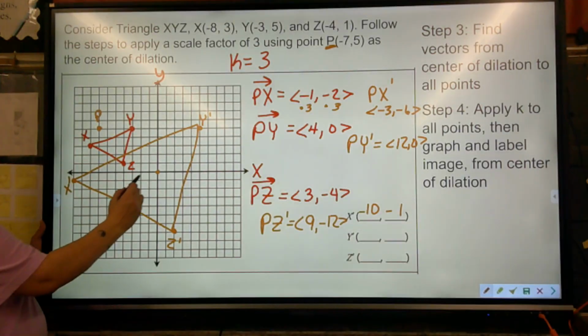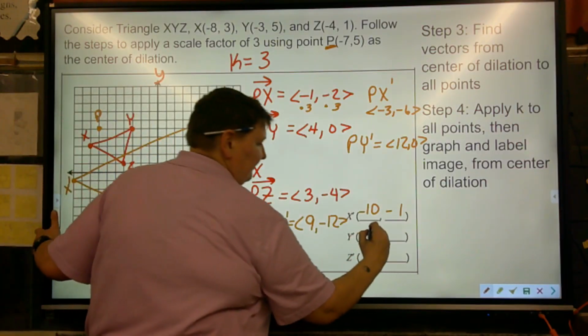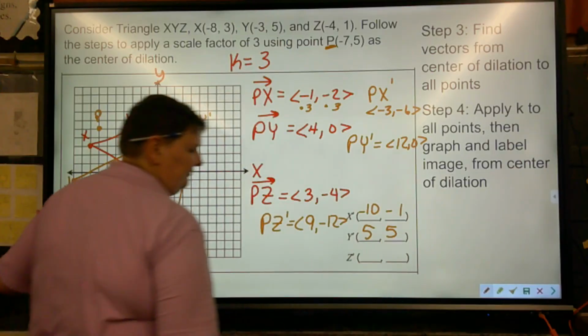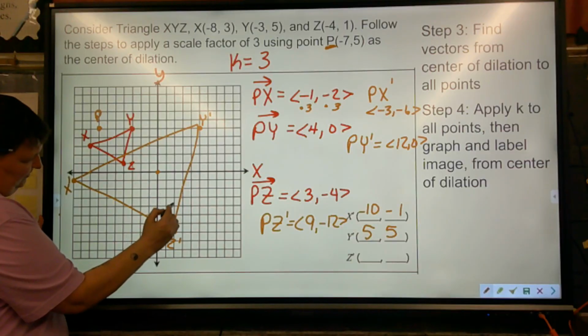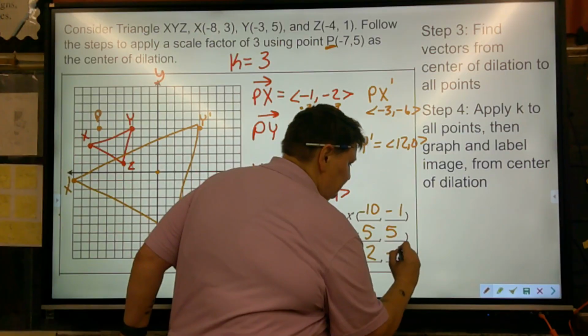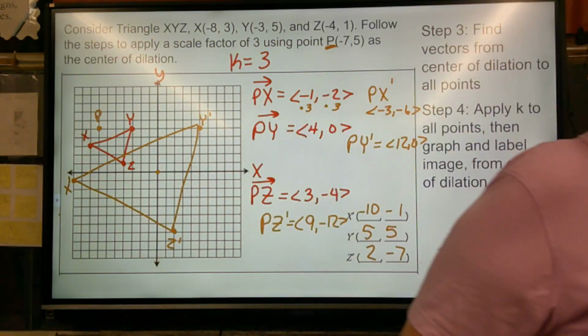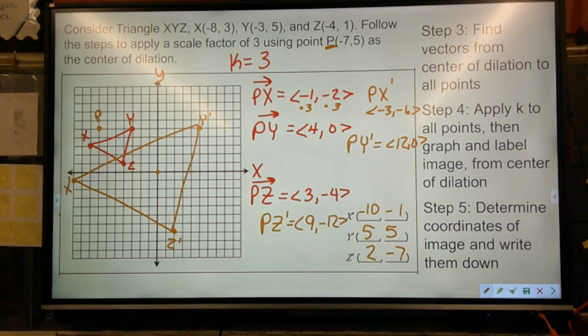To get to Y prime, we had to go right 5, up 5. And to get to Z prime, we had to go right 2, down 7. Right? And that put us all the way through step 5. Step 5 is determine the coordinates of your new image and write them down.